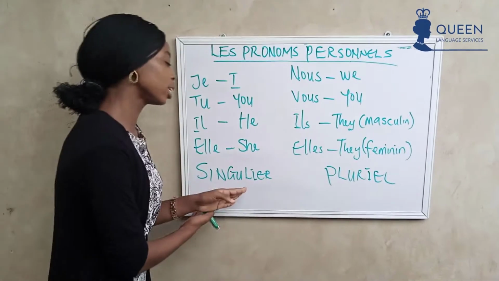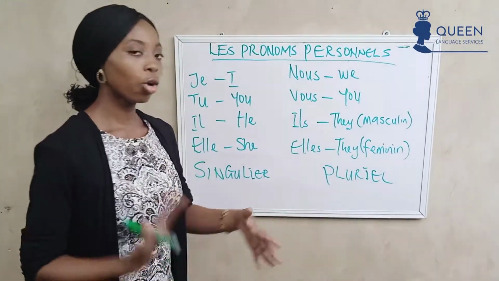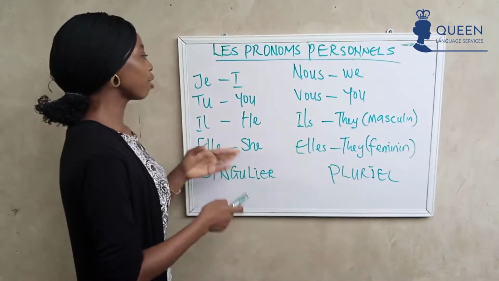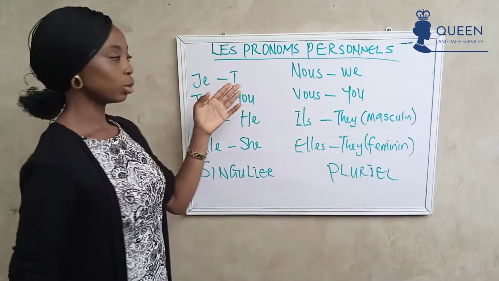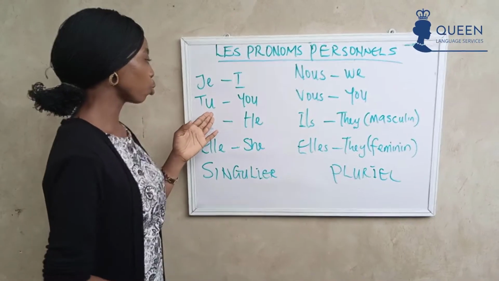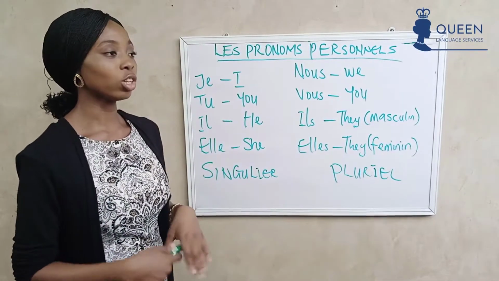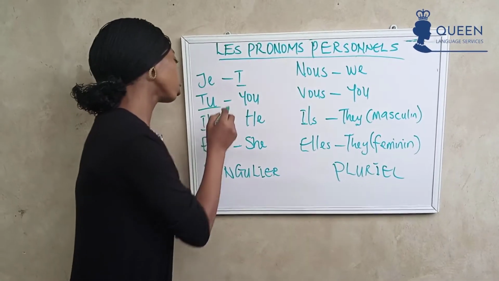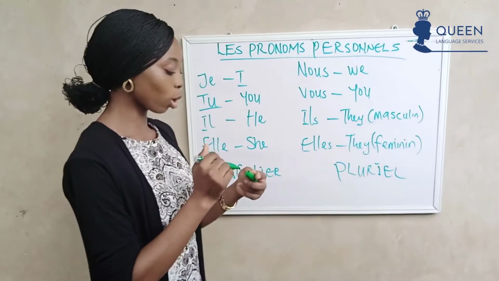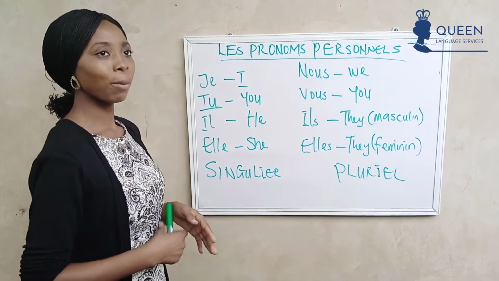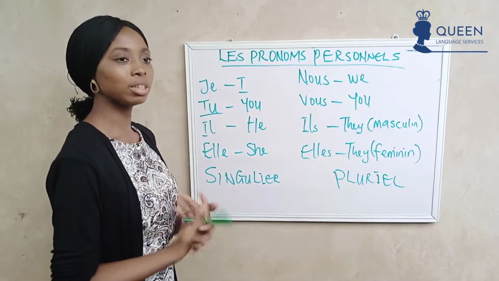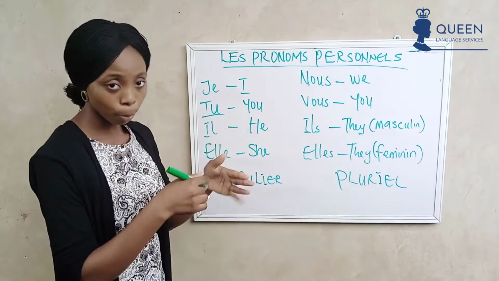We have them in the singular form and in the plural form. Okay, so we have je, which means I. We have tu, which means you. And so this tu is for someone that you have rapport with, someone of your age mate, someone that you feel maybe you are younger than or of your age, or someone in general that you have a rapport with.